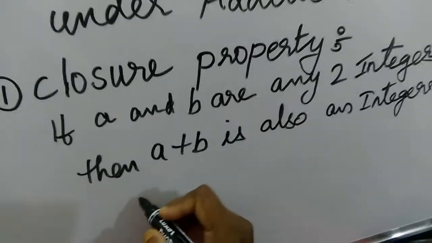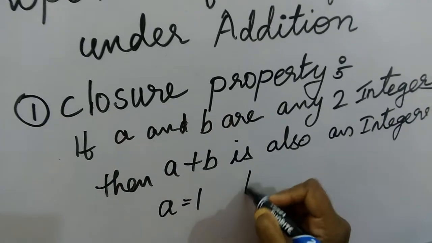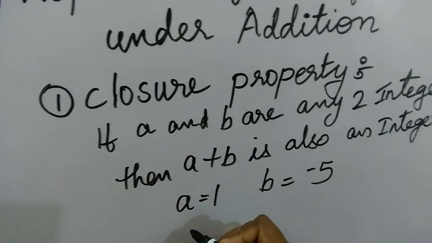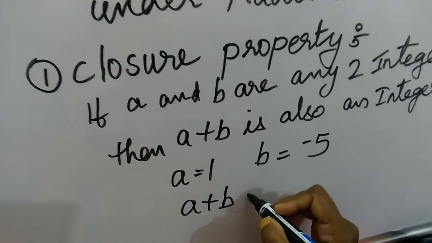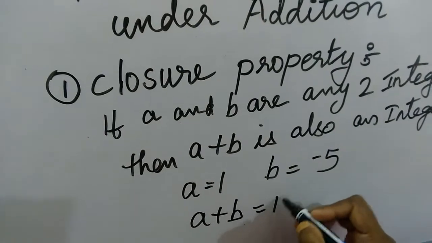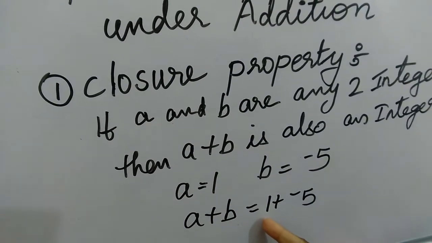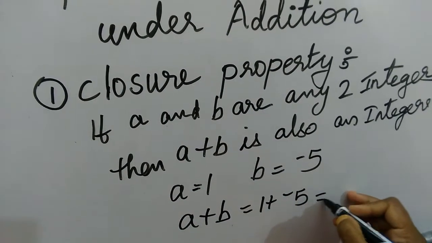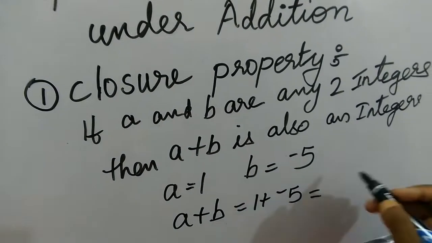For example, take a equal to 1, b equal to minus 5. Now, a plus b equal to 1 plus minus 5. Here, one is a positive number, the other is negative. How can we simplify? Subtract the numbers. 5 minus 1, 4.